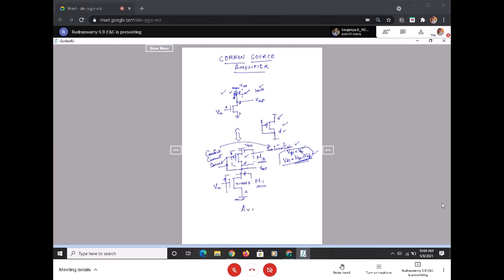What is the expression? What is the gain that is given by? What is the gain of this NMOS transistor when the source is grounded? We already studied. Anyone remembers what the gain expression is, which is basically V out by V in?